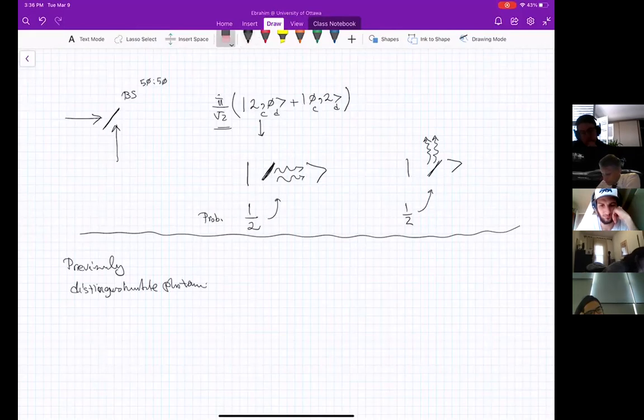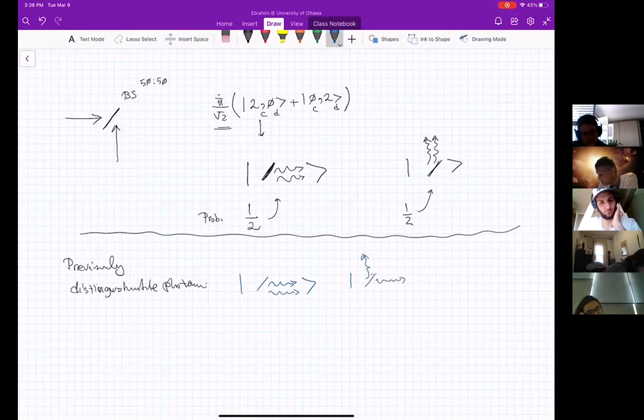You do have the probability of 2 photons going this way, 1 photon going up, 1 photon going down.